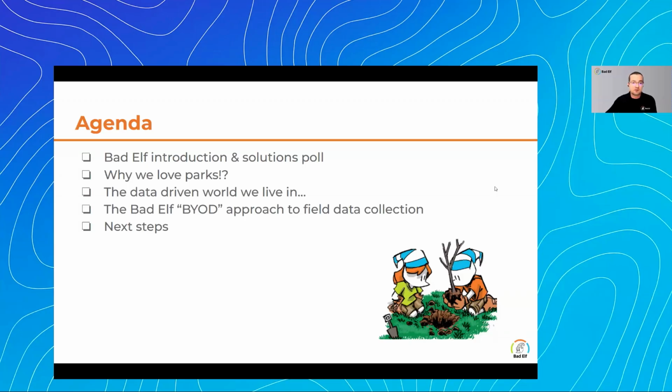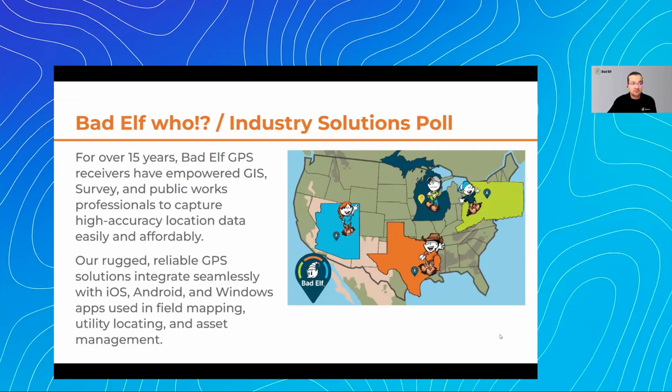We'll talk about this crazy new data-driven world we live in, with web apps that help you make informed decisions. Then we'll round it off with the Bad Elf bring-your-own-device approach to field data collection and some quick next steps.